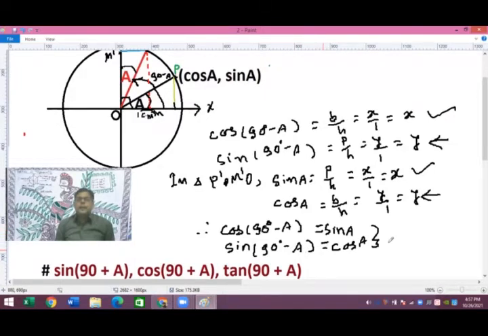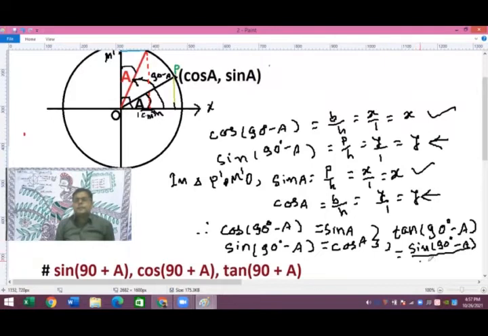Alright, then what about tan(90° − A)? Just use the formula for tan: it is sin(90° − A) over cos(90° − A), because tan is sin theta by cos theta in general.